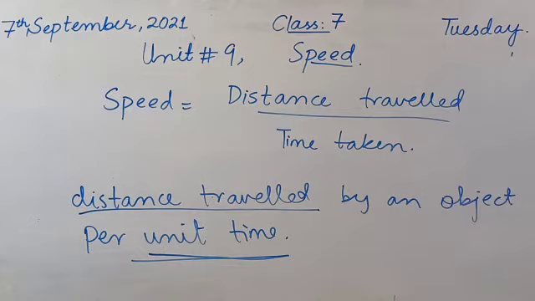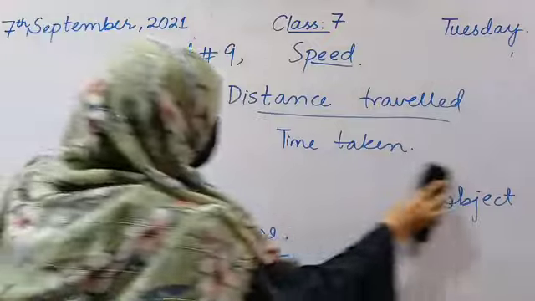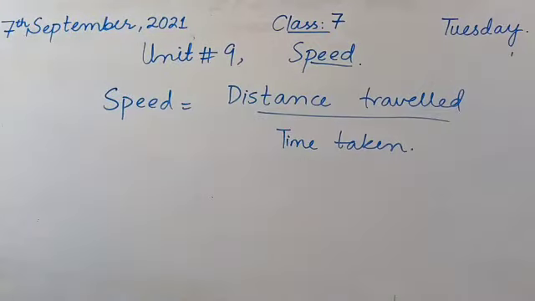So the formula of speed is distance travelled over time taken. Now we'll use this formula to find out the speed of different things.